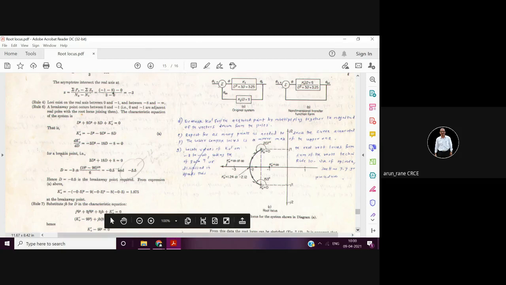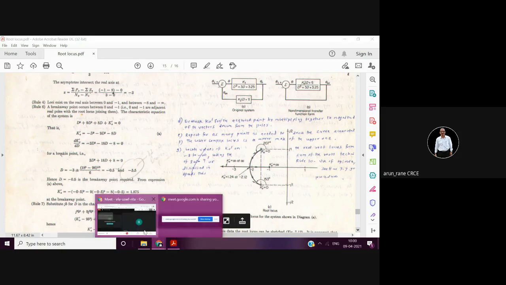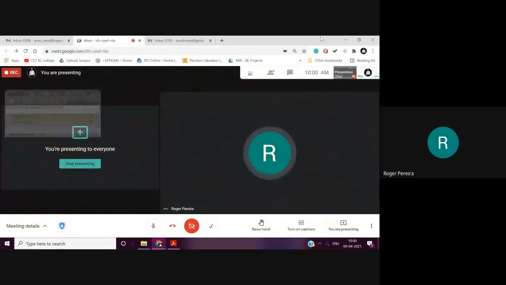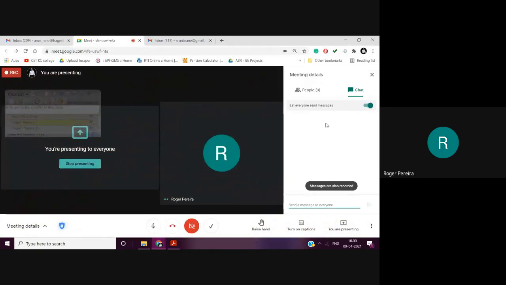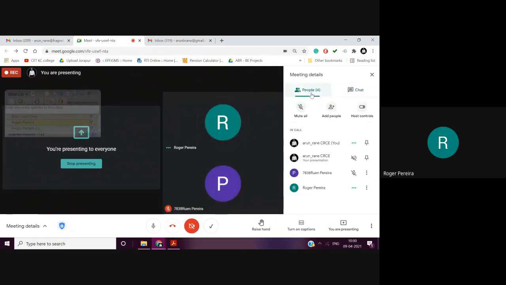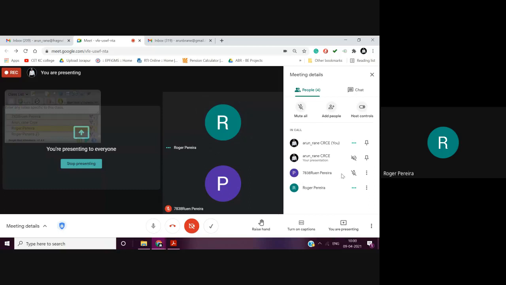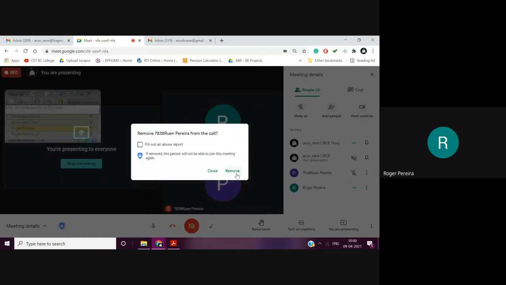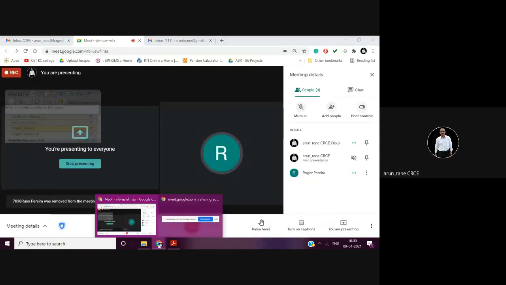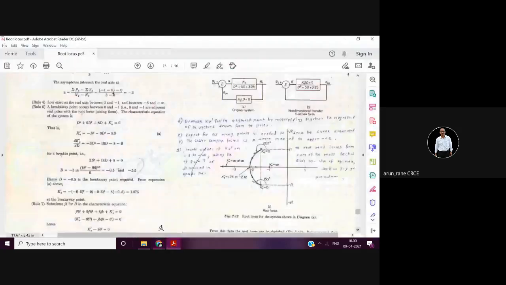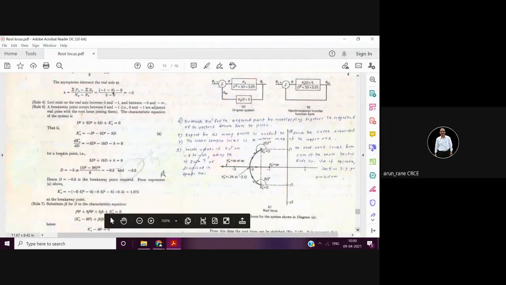What was the breakaway point? That was minus 0.5.